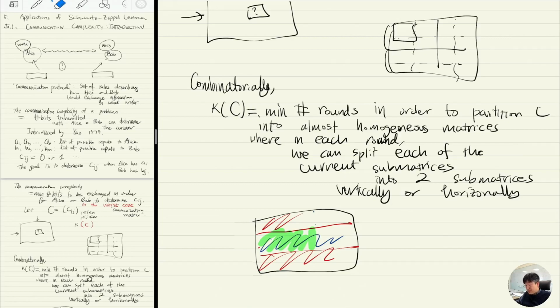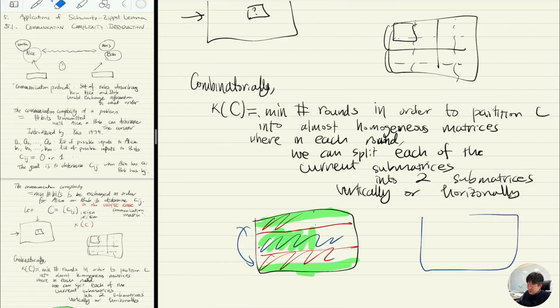But maybe the protocol says that if Alice sends the red one, then Alice sends another bit, so that means Alice would partition this submatrix horizontally. These are parts of the same matrix.